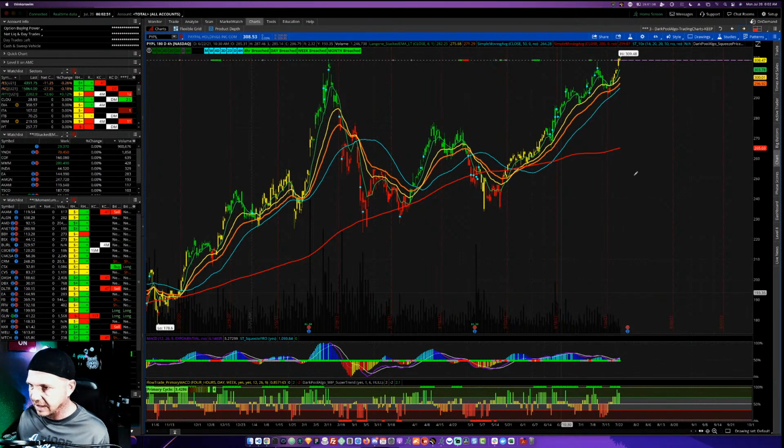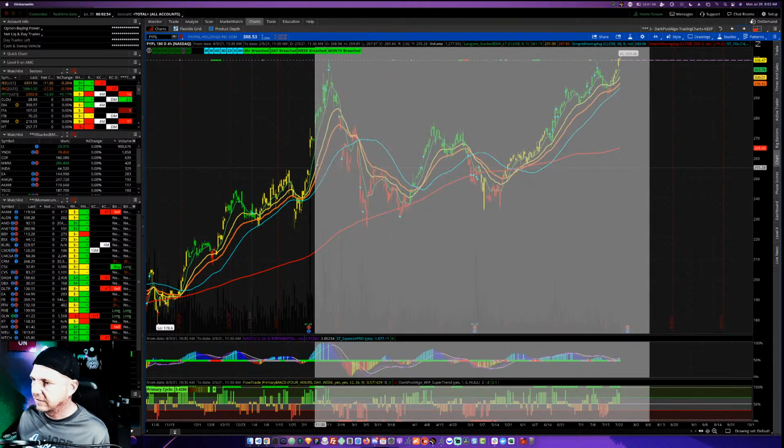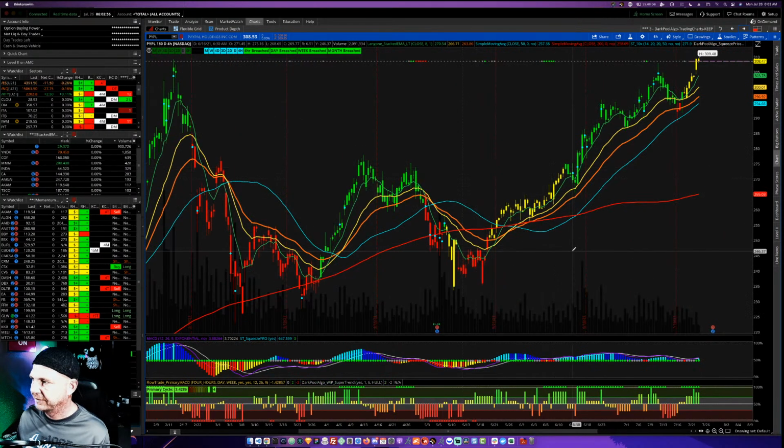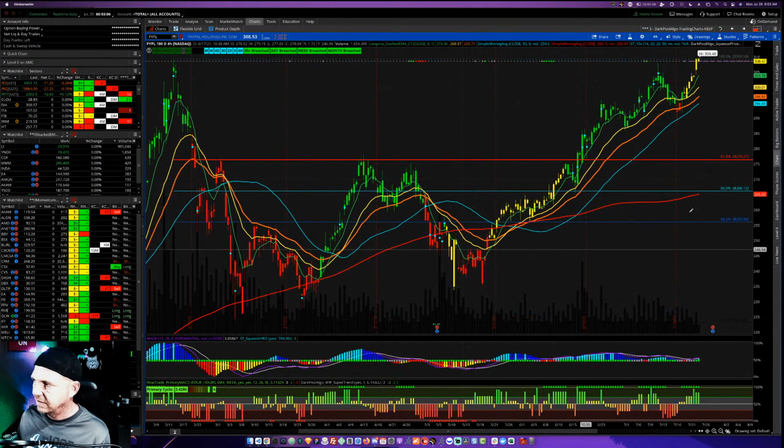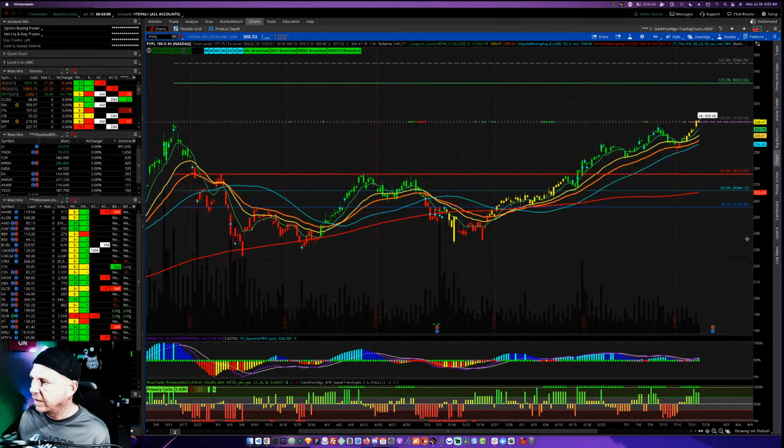It really is at a decision-making point. Let me get some longer-term fibs on here. We go from high to low. That'll give me my 127 at 332.55.